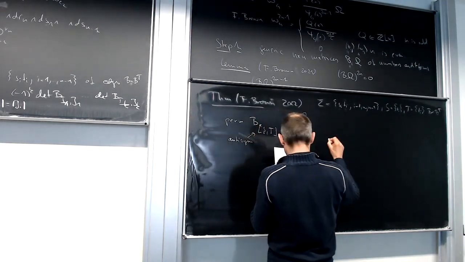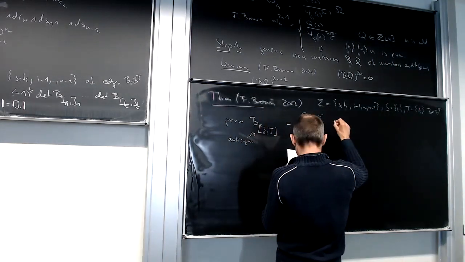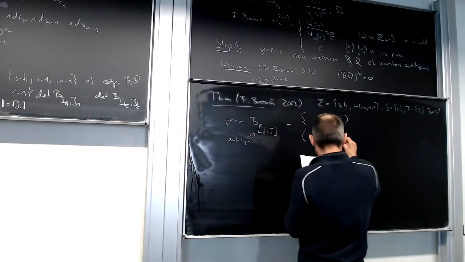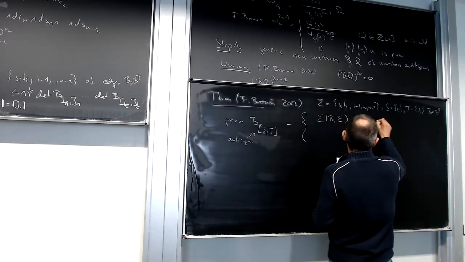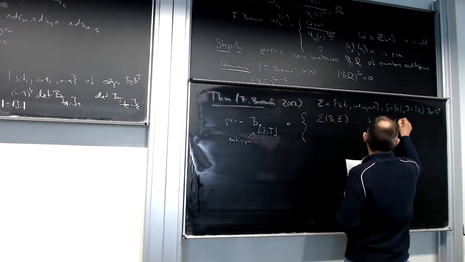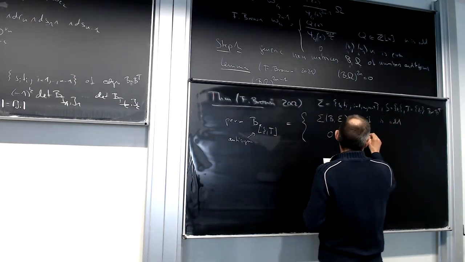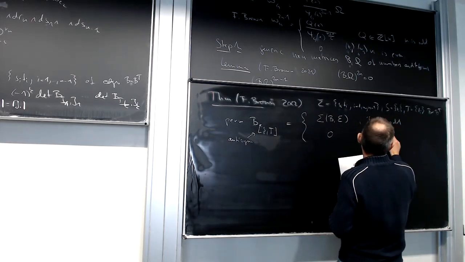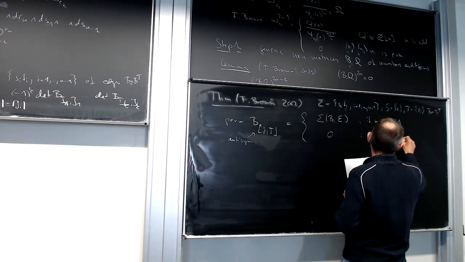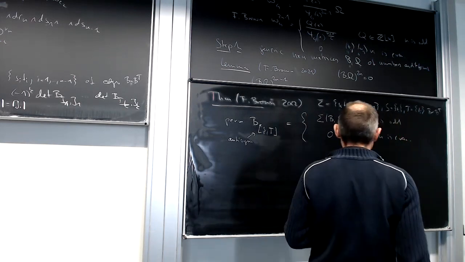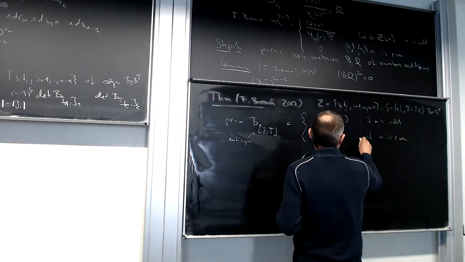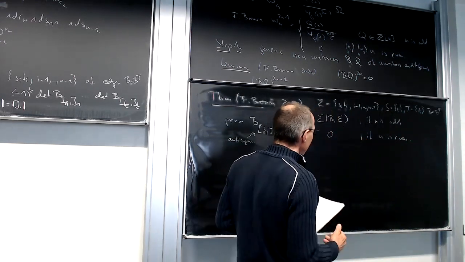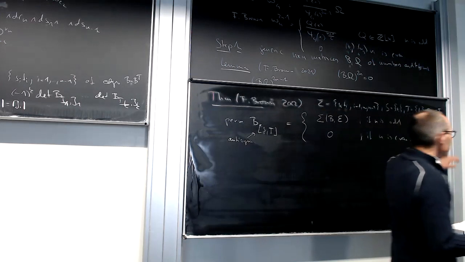There are two cases. This is either this sigma of B and the edges, if n is odd, or it's 0 if n is even. And this is what Eric commented on. If n is even, you always get 0 for symmetric matrices.